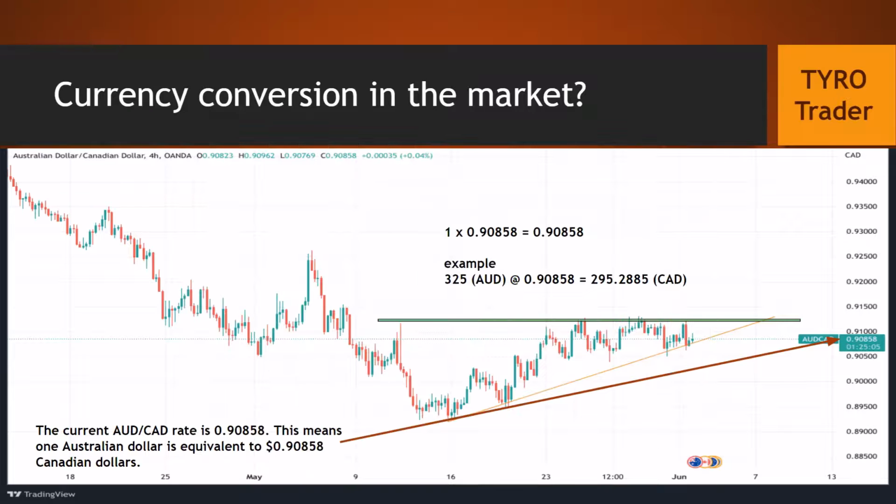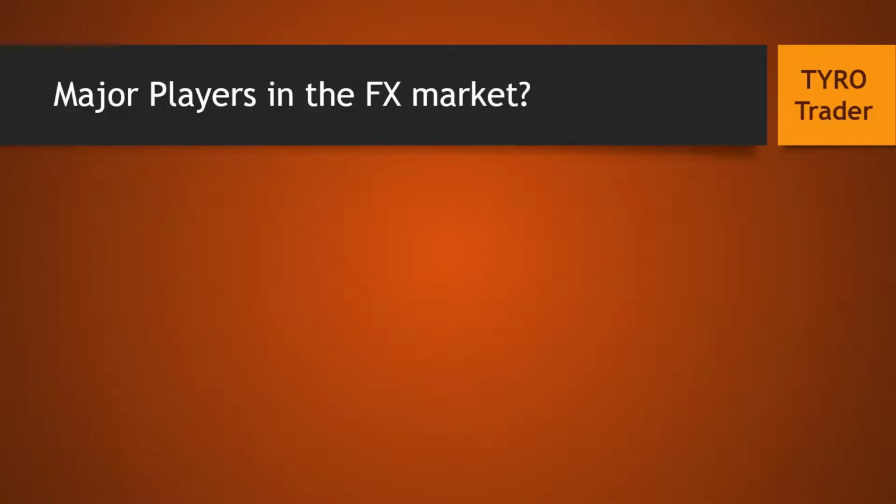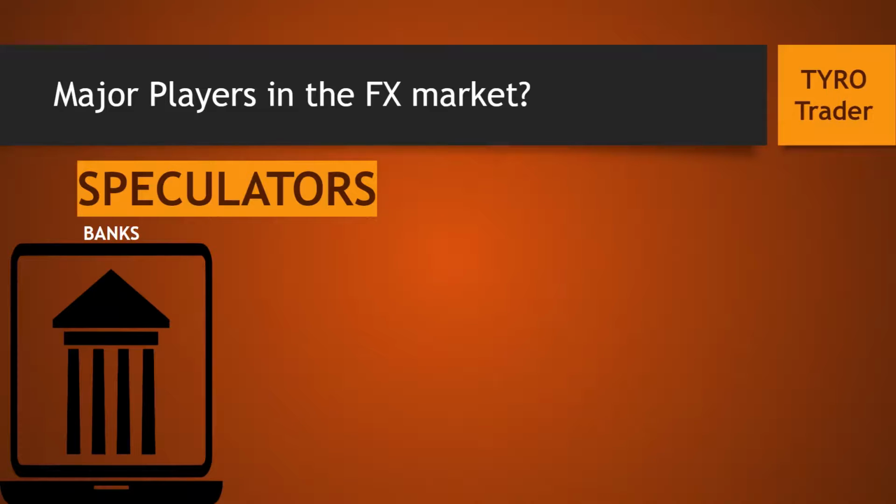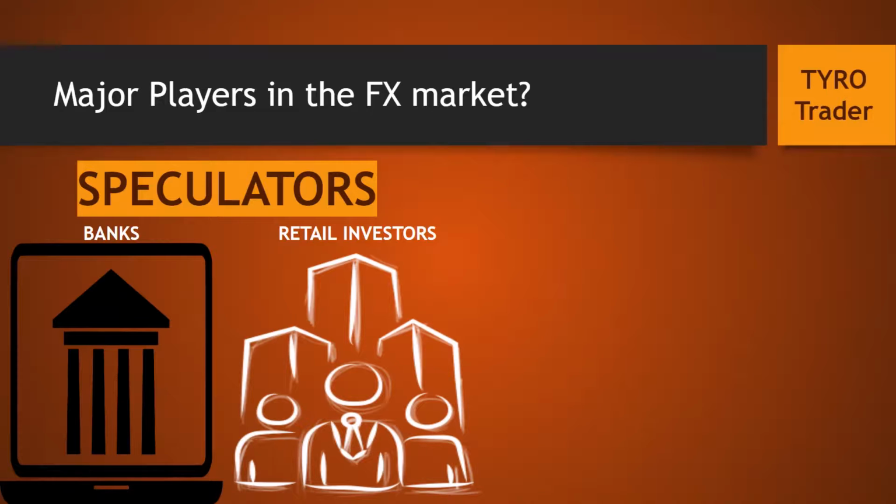There are two major players in the foreign exchange market. These major players are in groups, and the first group is the speculators. In this group, you have the banks and then you have the retail investors. And then in the second group, you have the hedgers.